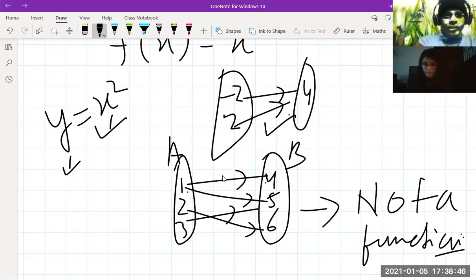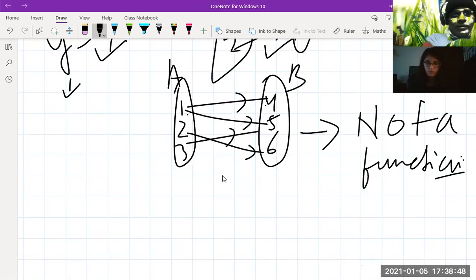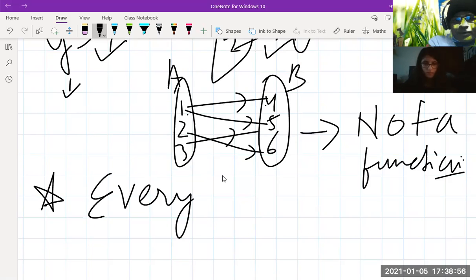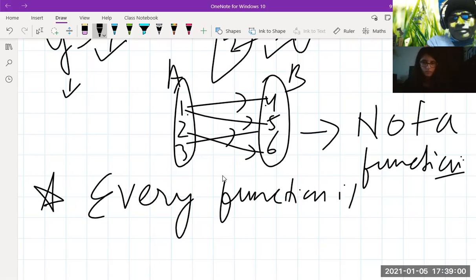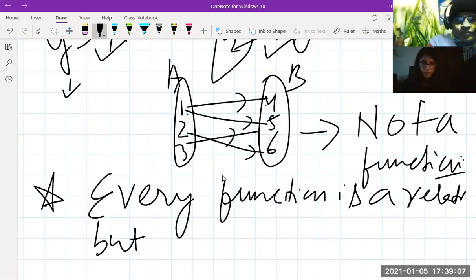So from here we can note down that every function is a relation, but vice versa is not true.